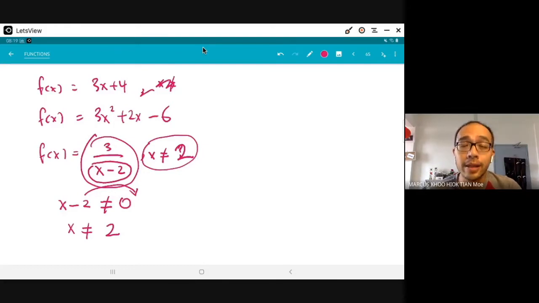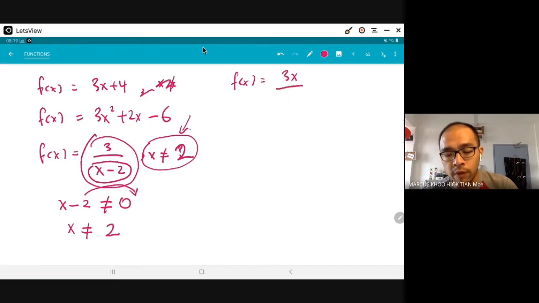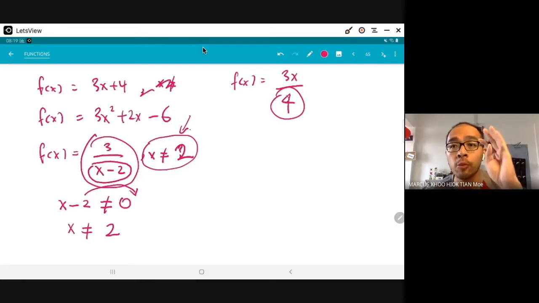Tetapi bukan semua pecahan dia ada baris macam ni tau. Kalau contohnya, let's say your function is 3x / 4. Ini tiada, sebab tiada x di bawah. Di bawah dia memang nombor 4 saja. So the condition for this is, there must be an x at the bottom of the pecahan.